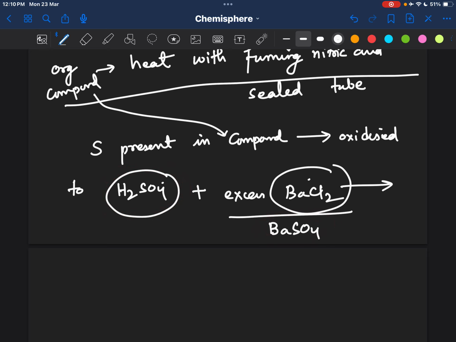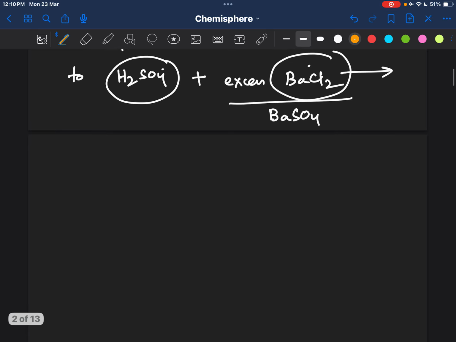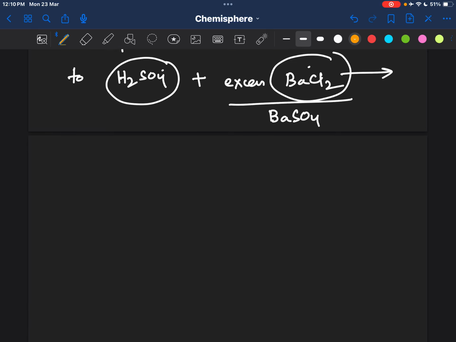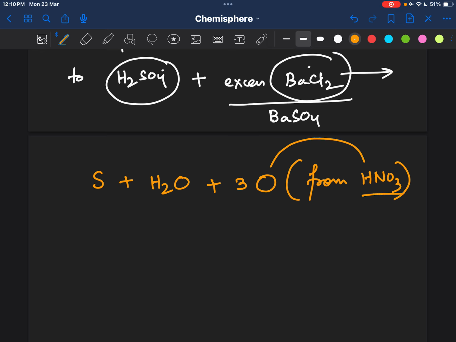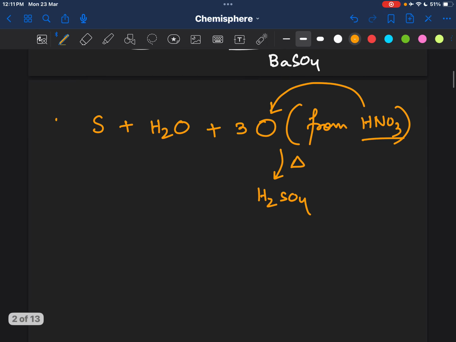In terms of reactions, we take sulfur and H2O, since it is fuming nitric acid, and also we get 3 nascent oxygen from HNO3, because HNO3 is a good oxidizing agent. So HNO3 contributes this nascent oxygen, and with heat we get H2SO4. This is the first step.